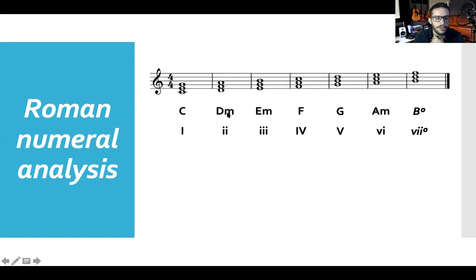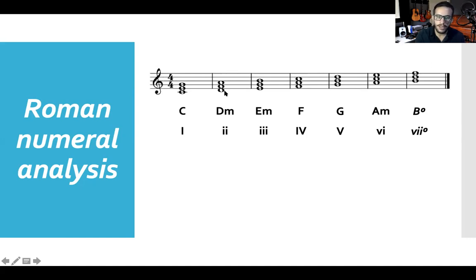But if it's minor, you have to include a lowercase m. You can also include a minus sign, or you can put min. I prefer to use the lowercase m because for me it's always been like that. You can use the same thing. So the chord that is made on the first note of the scale is going to be major.